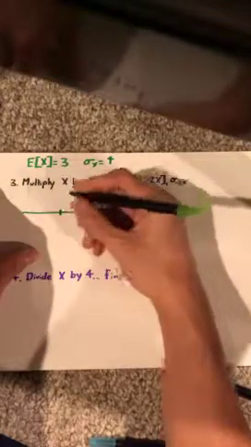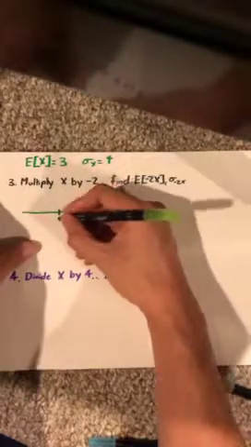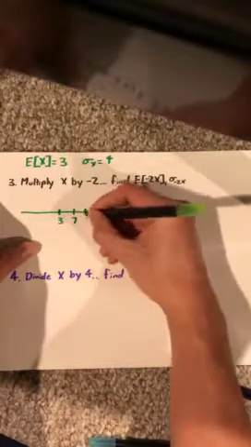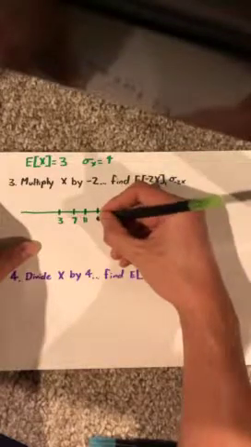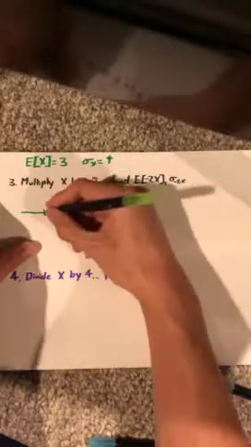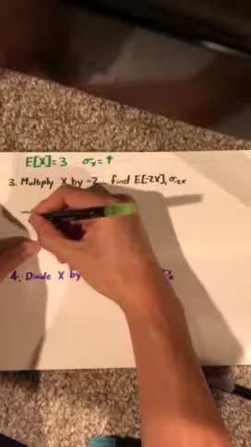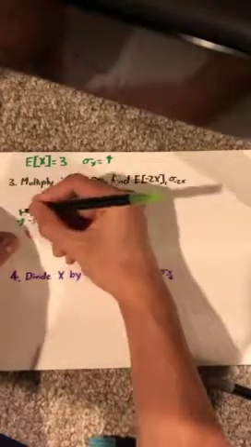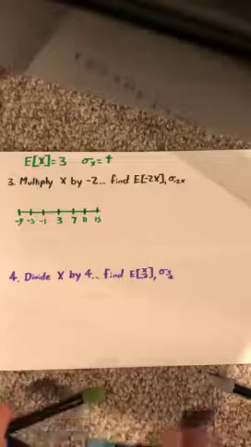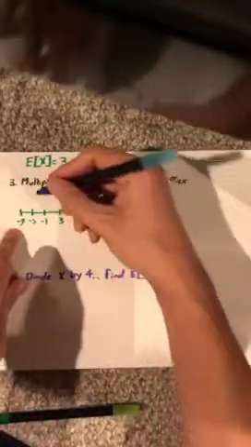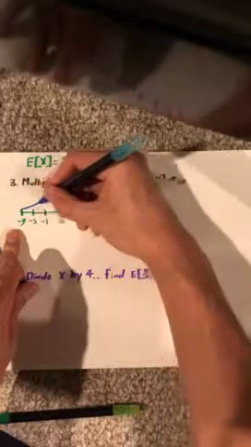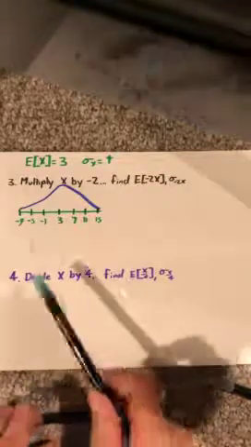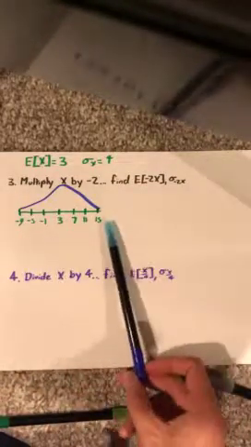Our x distribution is centered at 3, and there are 3 standard deviations on each side that most of the distribution falls under. 99.7% of the distribution of x is going to fall within 3 standard deviations of the mean, which means that most of this distribution is going to fall between -9 and 15.